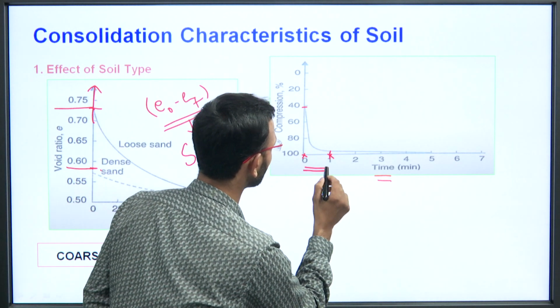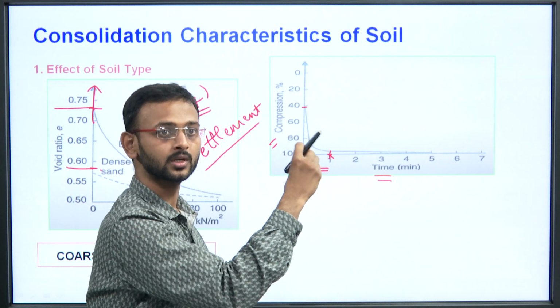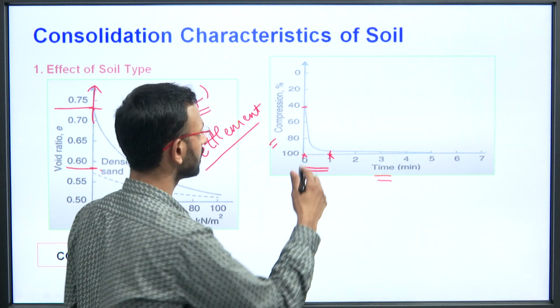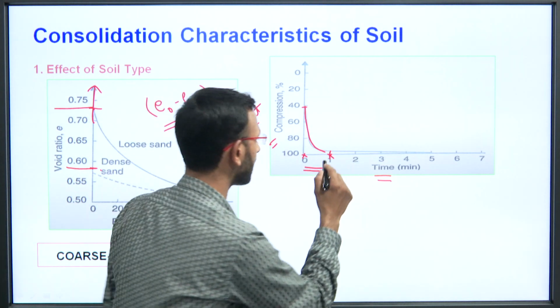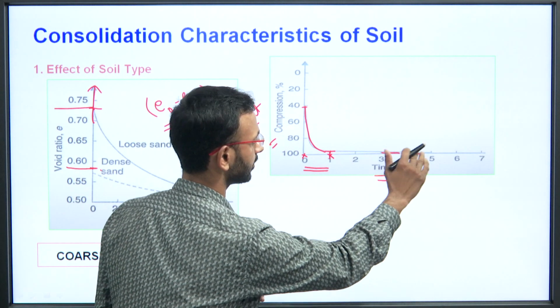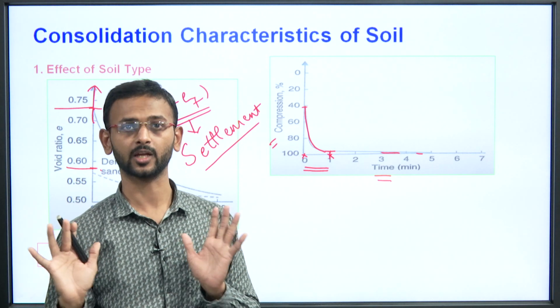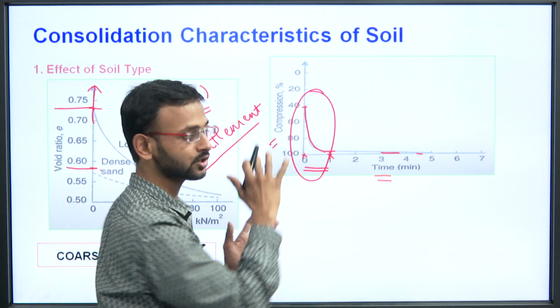In this very small portion, almost the entire compression is seen to take place. After this point, the process is very slow and will take much time. That is, the entire process of compression is said to be completed in this stage only.